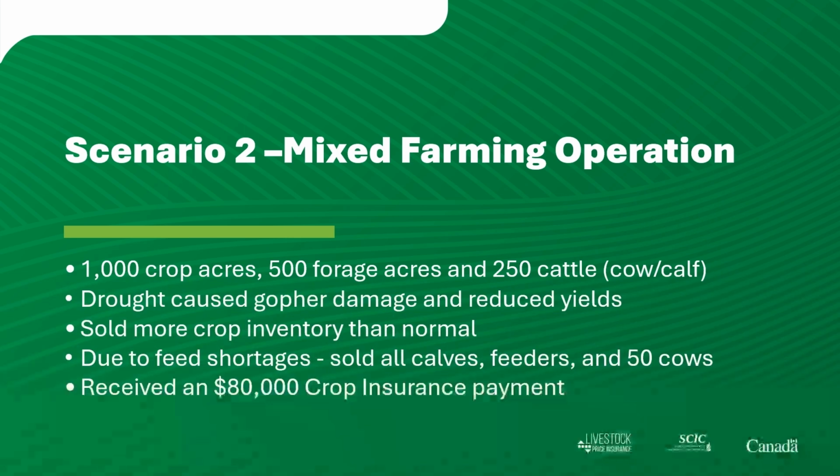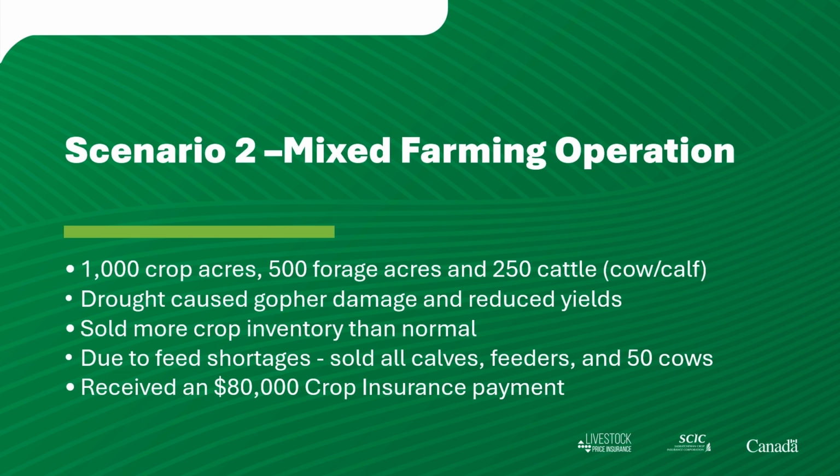The second scenario here is a mixed farming operation. This producer has 1,000 crop acres, runs a 250 cow-calf operation, and has 500 acres of forage as well. Had drought in their area and some gopher damage, both of which reduced their yields.